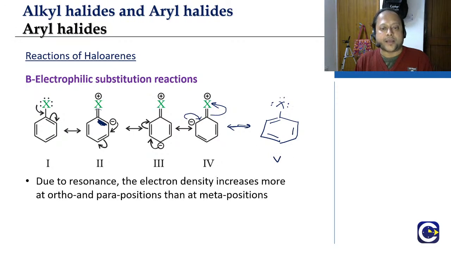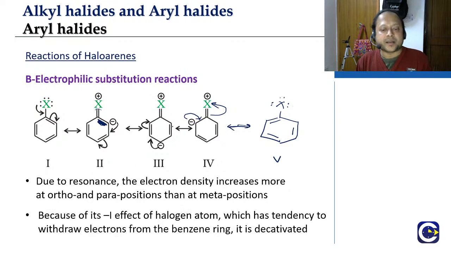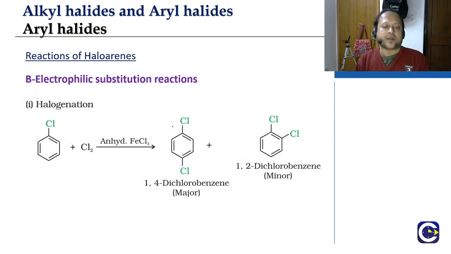Fine. Okay, now, as we discussed, because of this resonance electron distribution, electron density at the ortho and para positions is pretty high, but because of the minus I effect, it will be a little bit weak in nature, right? So the substitutions are supposed to happen at ortho and para only.